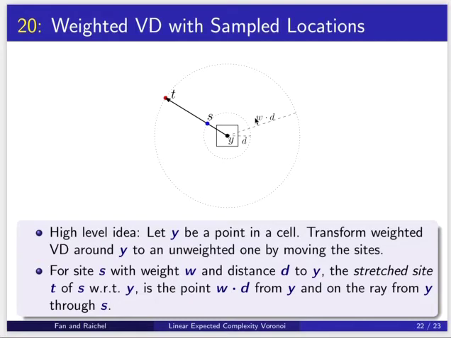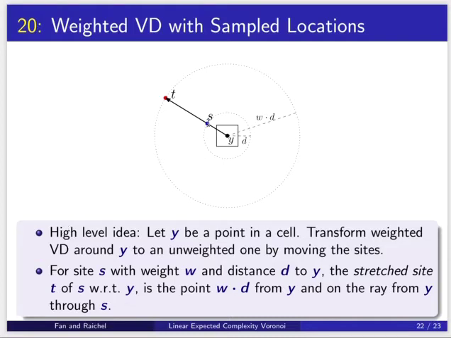The high-level idea is that, in order to argue that the complexity of each grid cell is constant, for any point y in the grid cell, we transform the weighted Voronoi diagram around y into an unweighted one by stretching the sets.